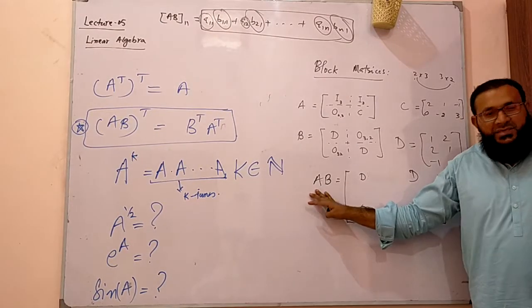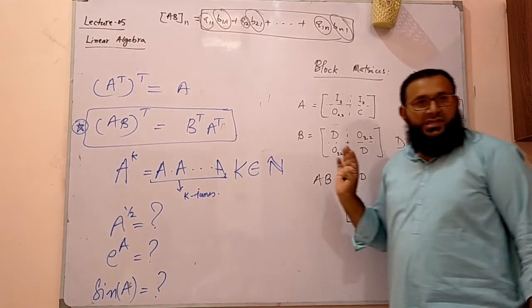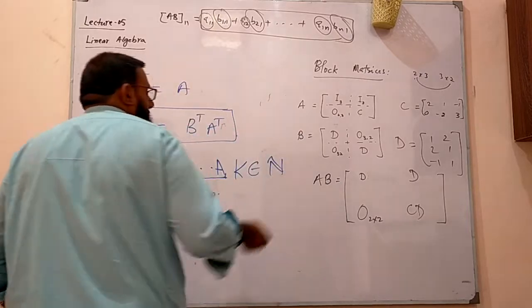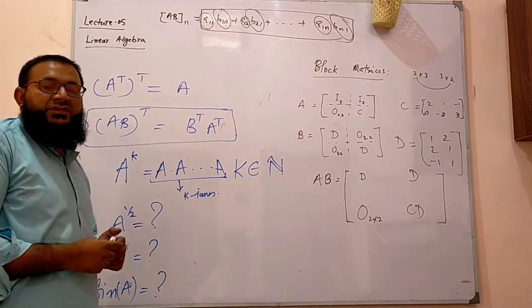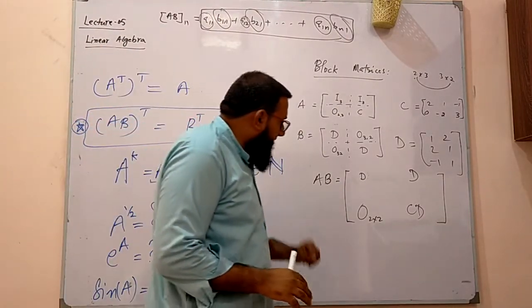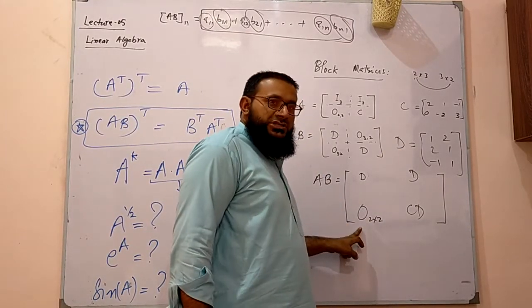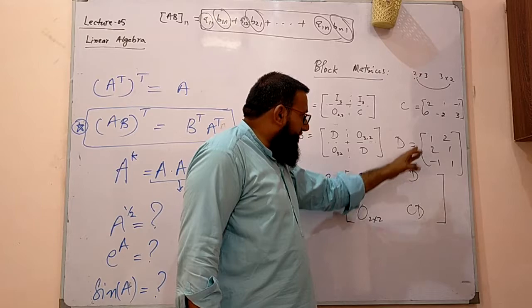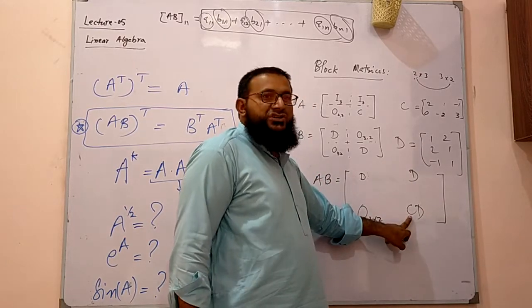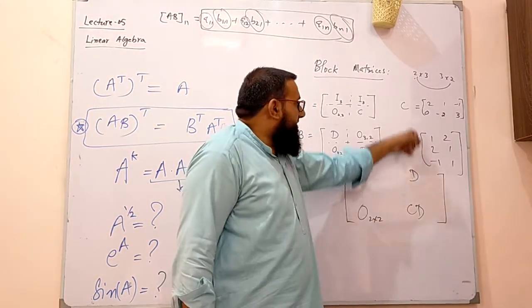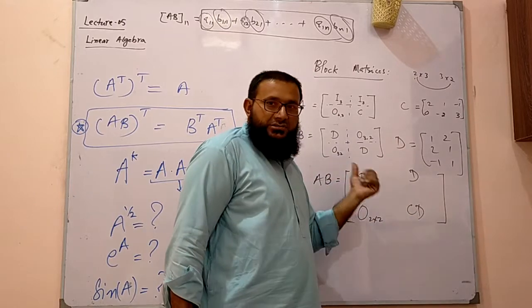So when you multiply AB, you exactly get this answer. Now when you write the whole matrices and multiply, it will be very lengthy. What you do exactly is you have D, put it here. You have null, 0 0 0 0, put it here. You have D, but the only thing is you have to find CD. Just multiply C with D and you are done.